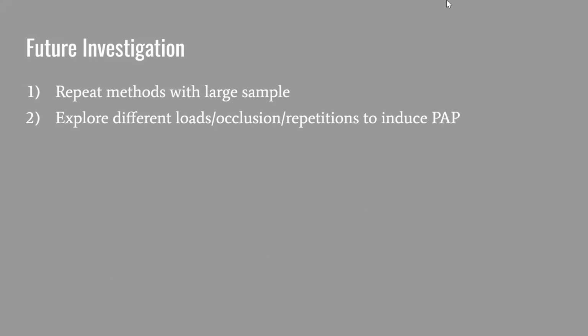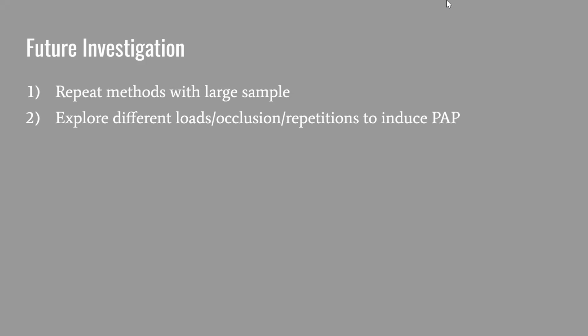Okay, so for future investigation, we need to have more participants for our next study, so we can make our results more accurate and see if our results are supported by increasing our sample size.